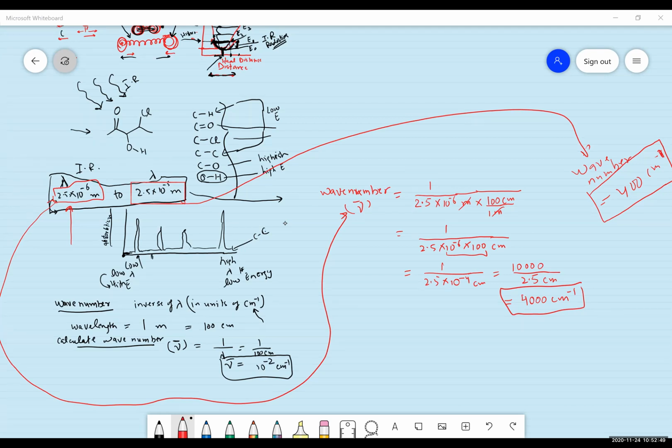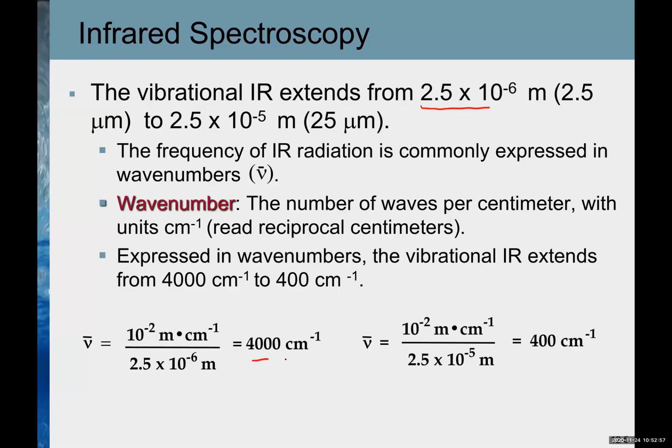You have to calculate nu first, but that's unnecessary. We don't need to. But if you are interested, you can calculate. And that's where the range 400 to 4,000 comes from, because we convert the vibrational wavelength into wave numbers.